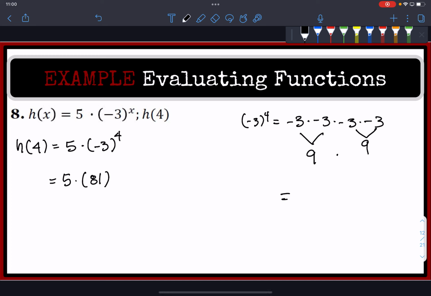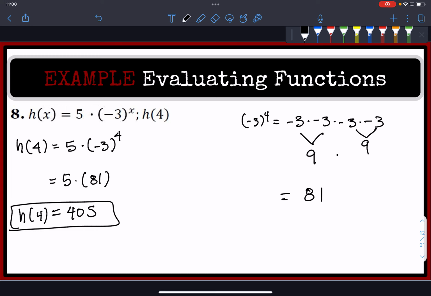So 9 times 9 is 81. We have to do that first just by following order of operations. Now we can multiply 5 with 81, which is a total of 405. So h of 4 is equal to 405.